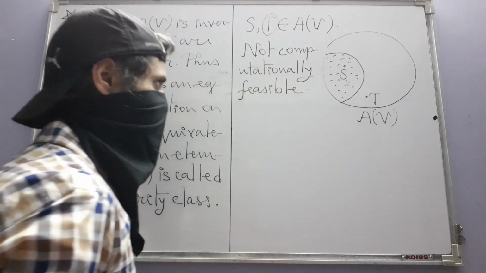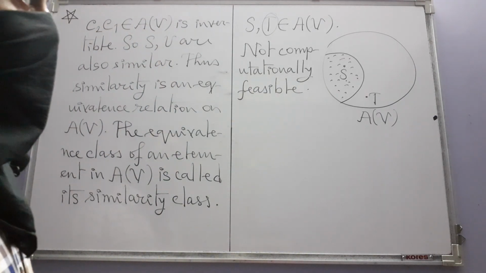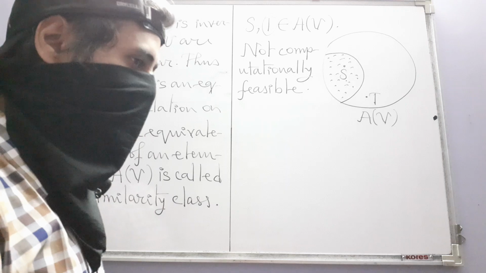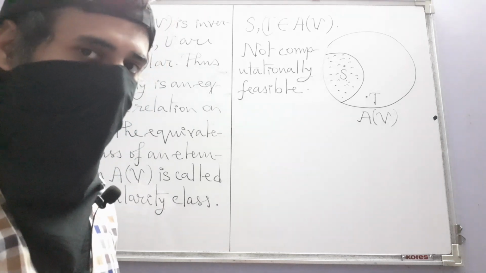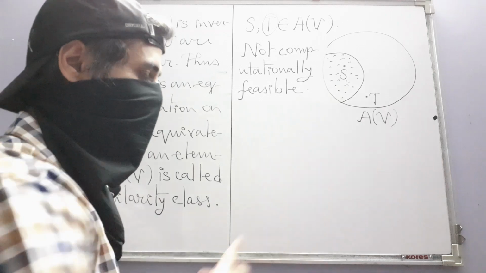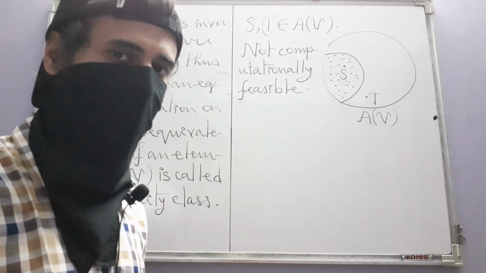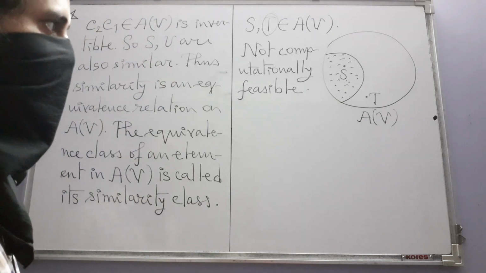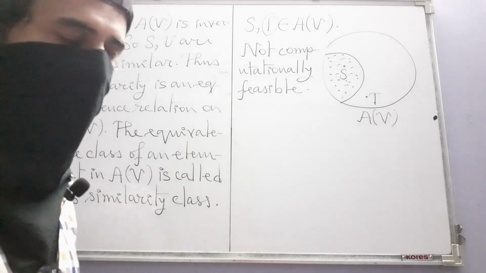This is because the similarity class of S may be really large and even may be infinite. So you cannot look for every operator and see whether it is T or not. It's just a dull approach and it won't lead you anywhere.